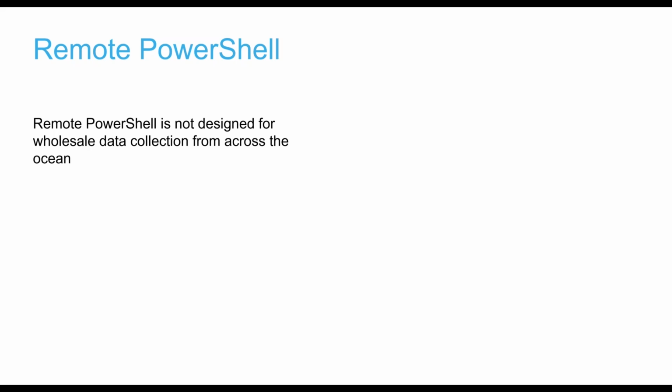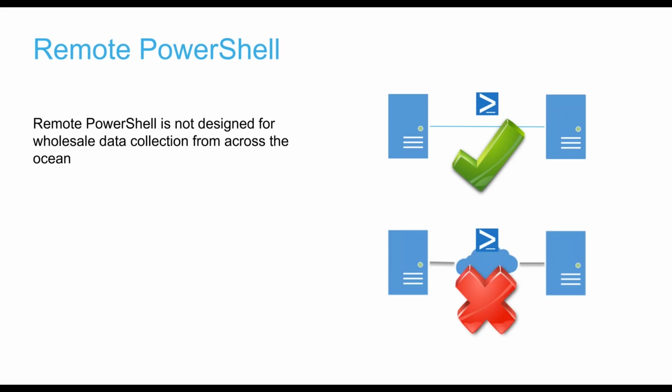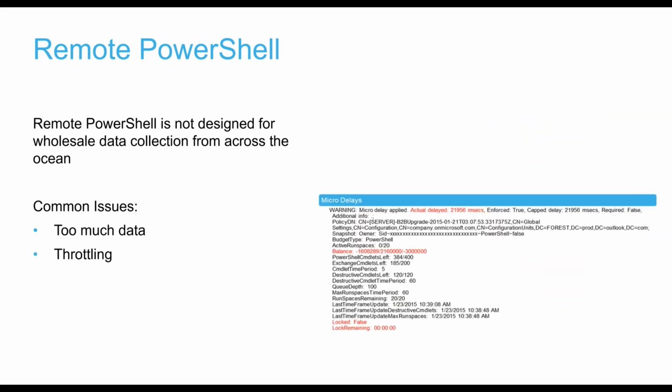So how does Exchange Remote PowerShell work? Basically, it's designed for a world where you are managing your local infrastructure and not designed for the cloud. So with applying the same basic principles for connectivity to Exchange Online, we've started seeing some issues. Most of you have, for example, seen issues with the amount of time it takes to actually perform basic tasks because of the data that has to travel through the wire, or you've seen frequent disconnects or throttling messages.